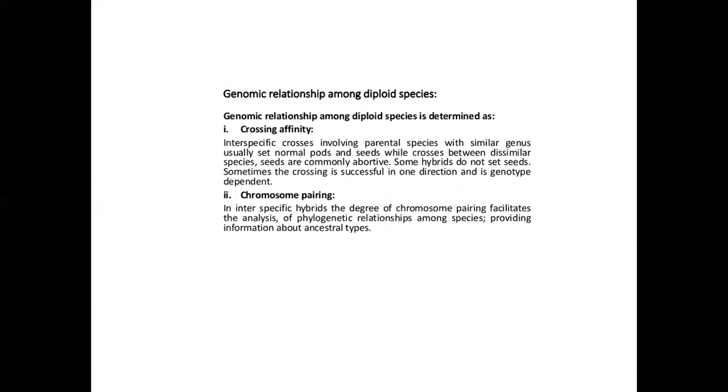Some hybrids do not set seeds. Sometimes the crossing is successful in one direction and is genotype dependent. Chromosome pairing. In interspecific hybrids, the degree of chromosome pairing facilitates the analysis of phylogenetic relationships among species, providing information about ancestral types.